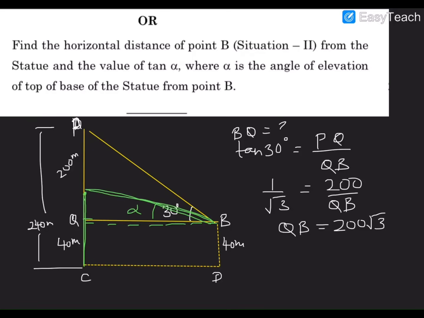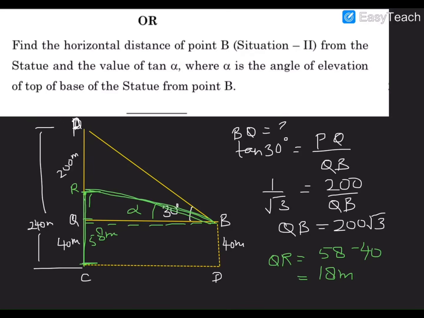As we know, from here to here, it is 58 meters. So this QR will be equal to 58 minus 40, which gives you 18 meters.